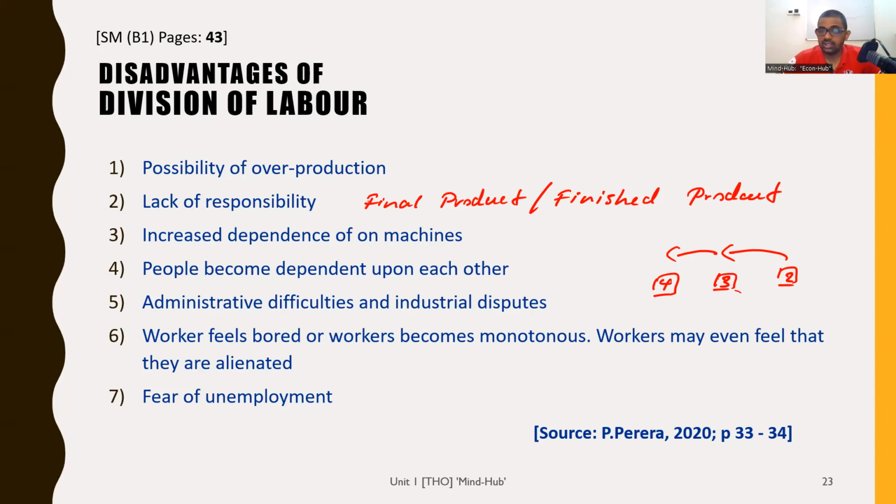We call it technological obsolescence, where you could be made redundant, or your services are no longer required because a machine can do your job. That is another way unemployment can happen within division of labor, and more so when we use automation and technology within the production process. So those are the main disadvantages of division of labor and, in turn, specialization.